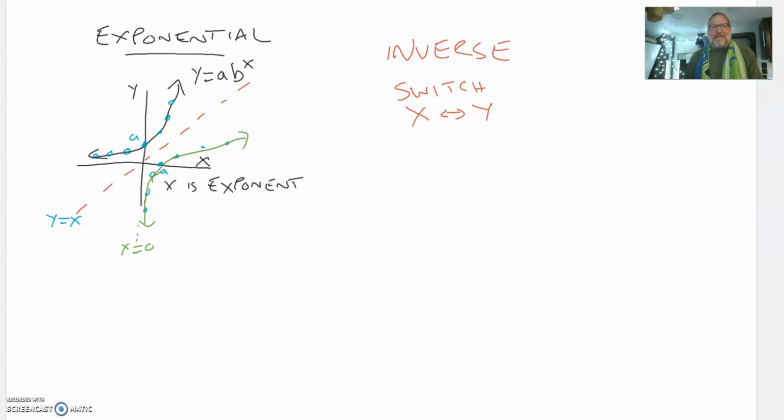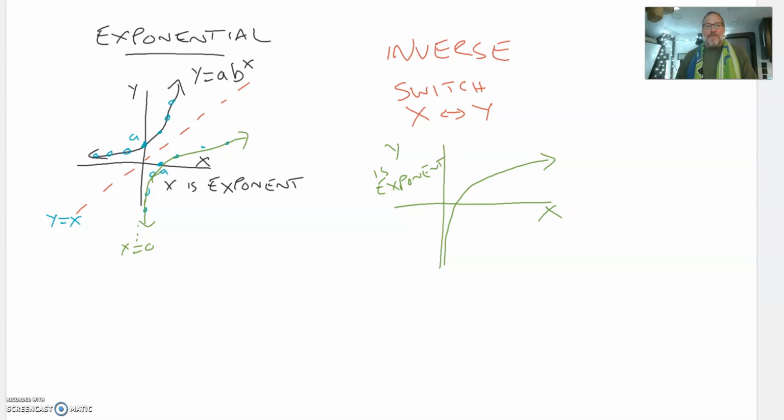But let's talk about what this algebra does. And here's one of the main things I want you to think about. If x is the exponent, and we switch x and y, now y is the exponent. Isn't that kind of cool? Because we just switched it.